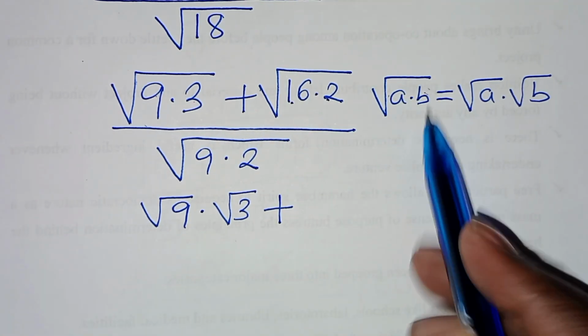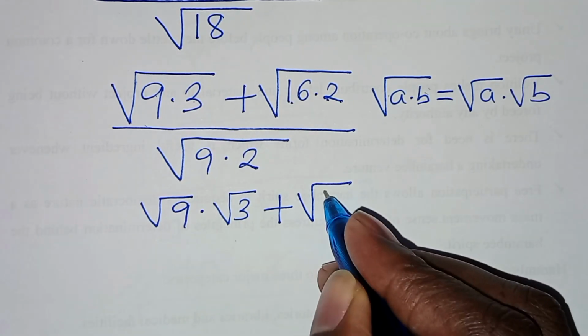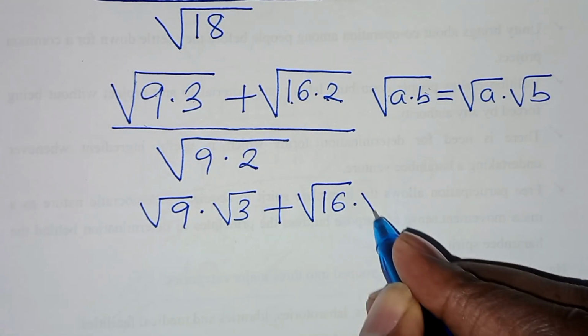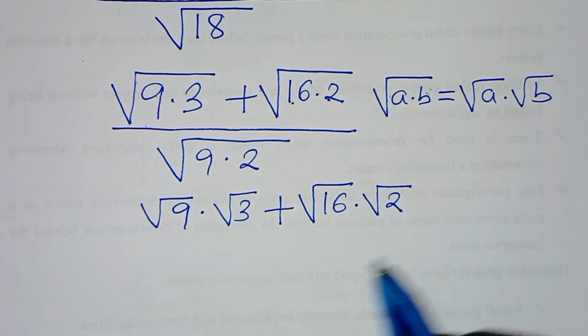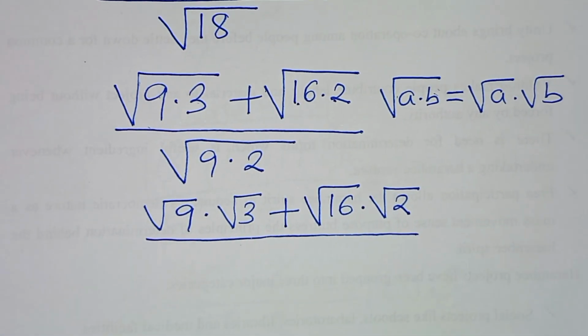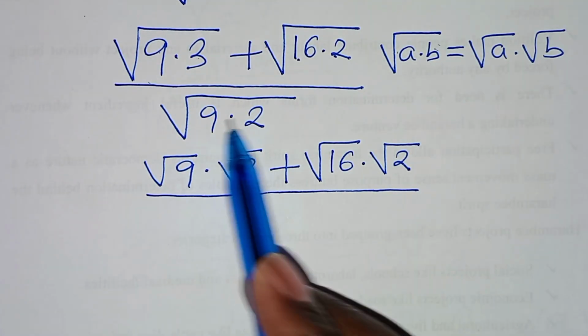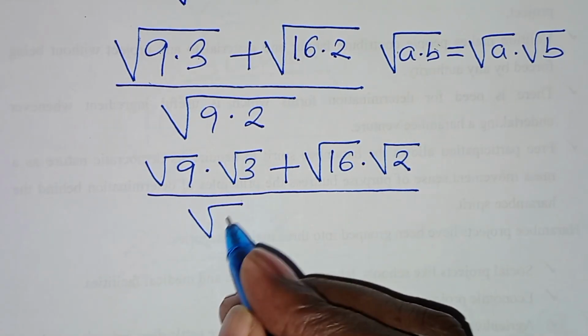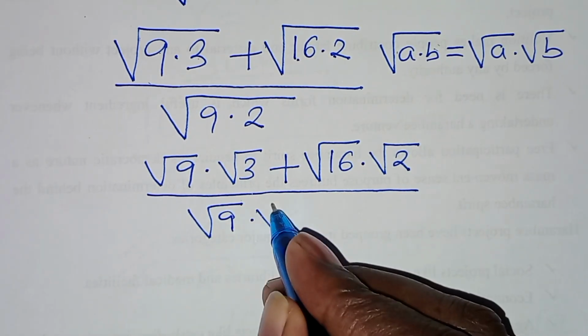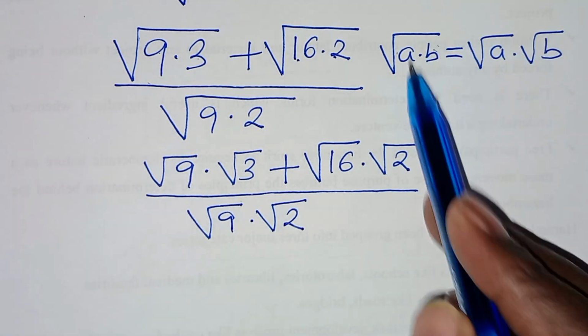Applying this property, we'll have the square root of 16 times the square root of 2. Then divided by the square root of 9 times 2, which is the square root of 9 times the square root of 2 by applying this property.